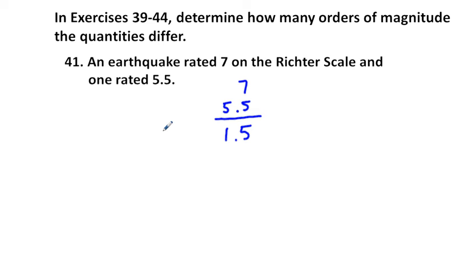And this consists of our order of magnitude, 1.5. But in order to do this, we had to understand that this Richter scale is a logarithmic scale, and we could actually subtract and have that be our order of magnitude. So we had to have some level of understanding to do this.